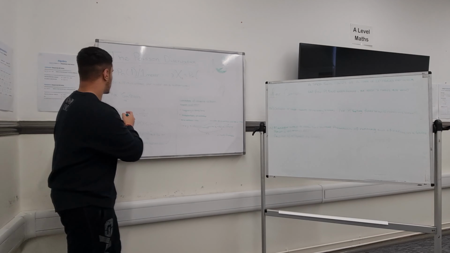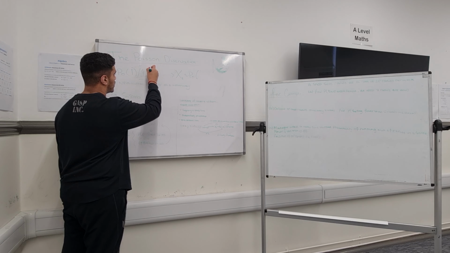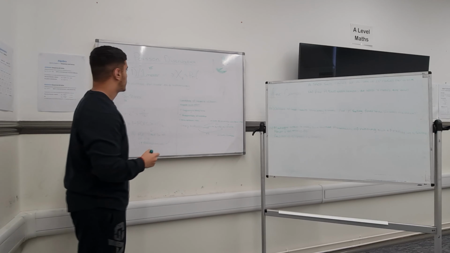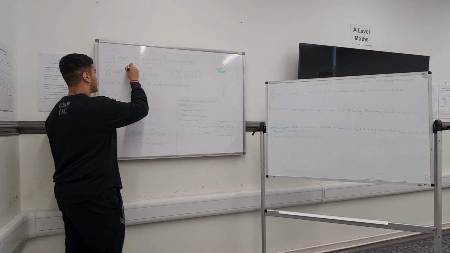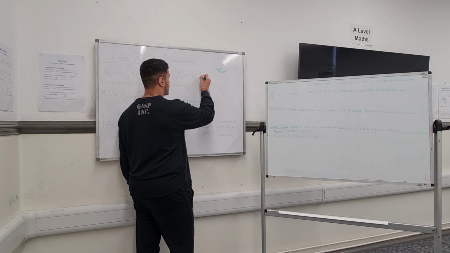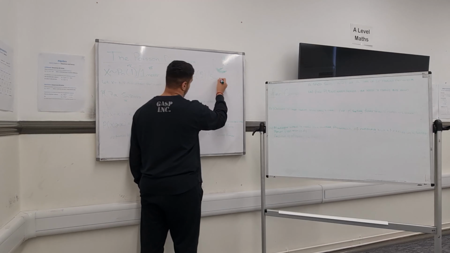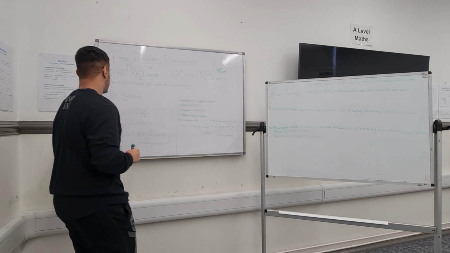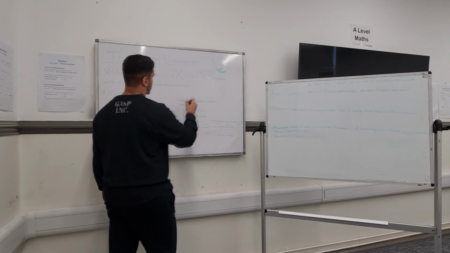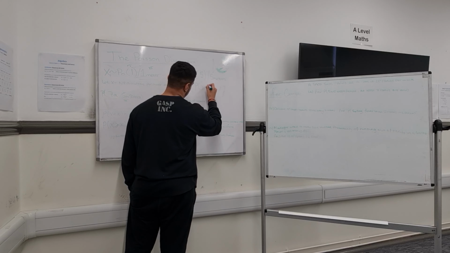If we're doing a 5-meter stretch and we already have 1 meter, we simply times that by 5. But if we times that by 5, we also have to times this by 5, meaning 5 accidents happen every 5 meters on the motorway.